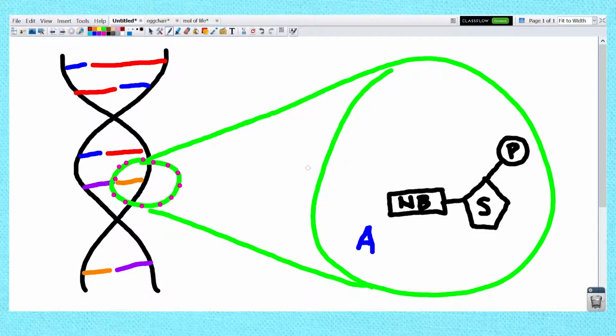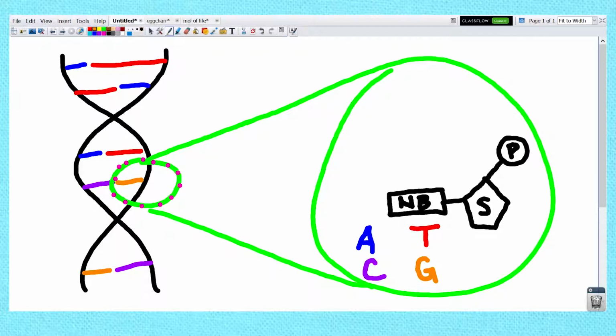So we are going to assign the red T, thymine. Then we look at our purple and our orange. Again, the colors are just randomly assigned. They're not actually blue and red or purple orange. Cytosine is going to represent our C. And then orange, finally, guanine is going to represent our G.